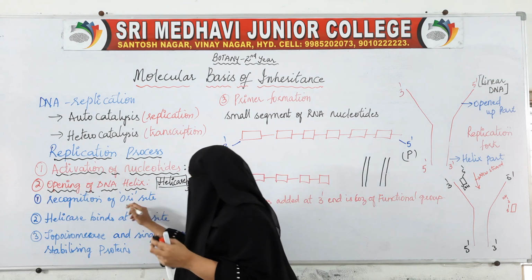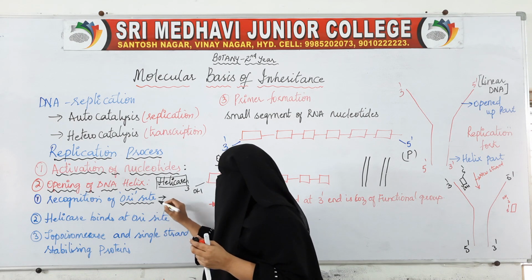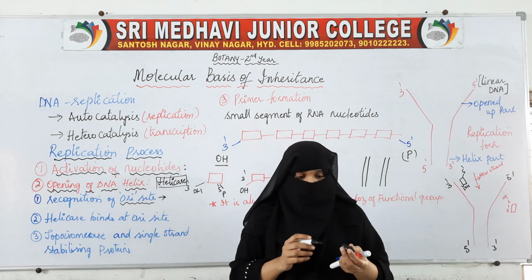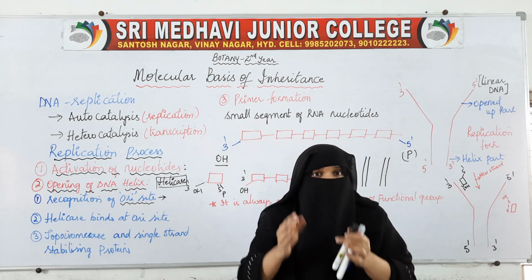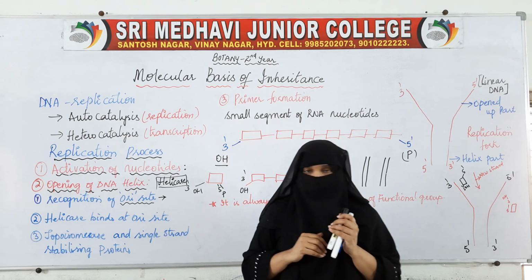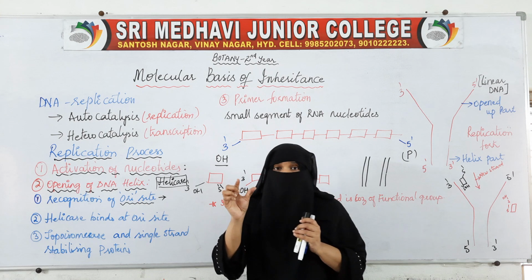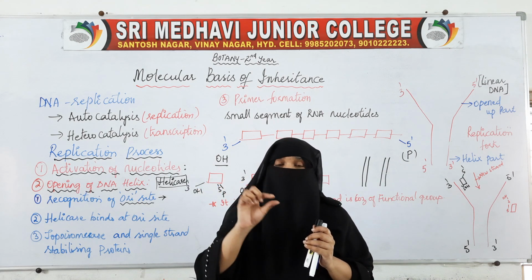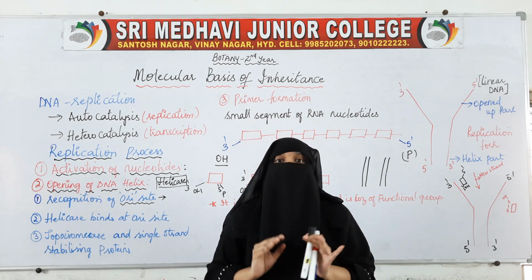Here this is the ori site. This ori site is nothing but a sequence of nucleotides from where DNA can open. It is a place where a few sequences of DNA will be present. We have to open it from that place.